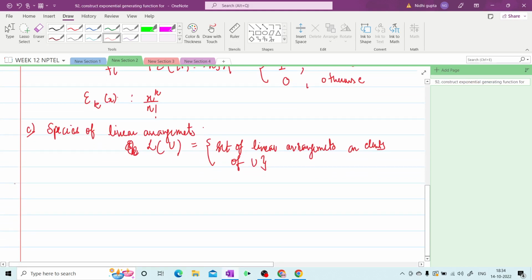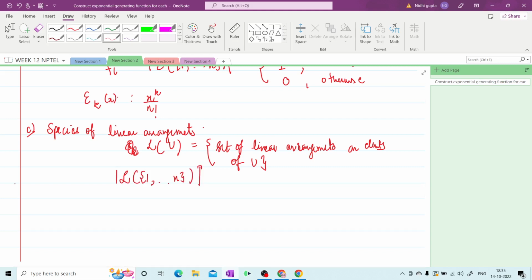So what is the order of this? If U has n elements, in how many ways can we arrange these n elements in a line? So we have basically n positions. This is a basic counting problem.